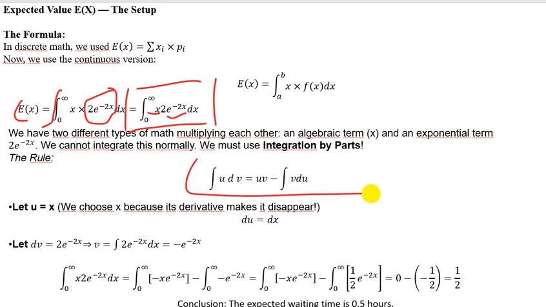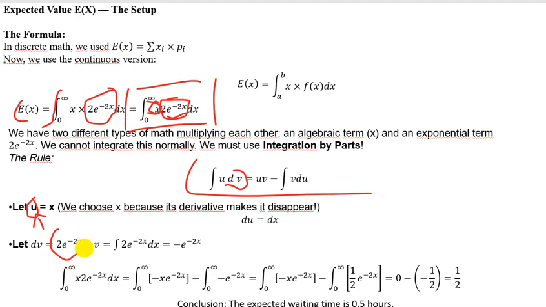The integral of u times the derivative of v is u times v minus the integral of v times the derivative of u. What we do here, we choose this x as u, and the derivative of v, we choose this second function.